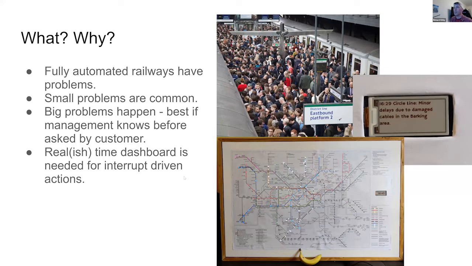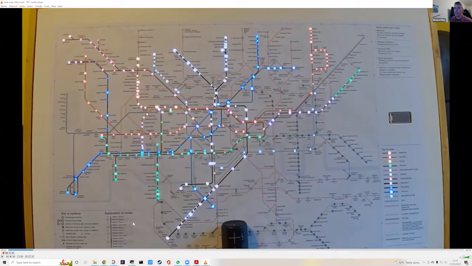So if I just show a video of it. This is a video of it going on. I think this is yesterday. Circle line, minor delays due to damaged cables in the Barking area. District line, no service between Barking and Upminster due to damaged cables in the Barking area.